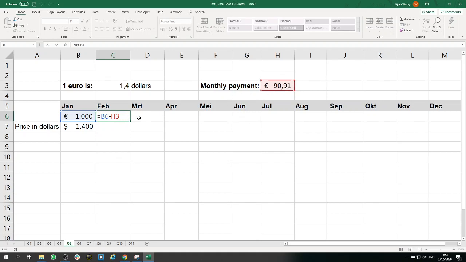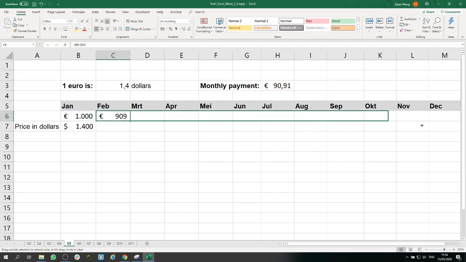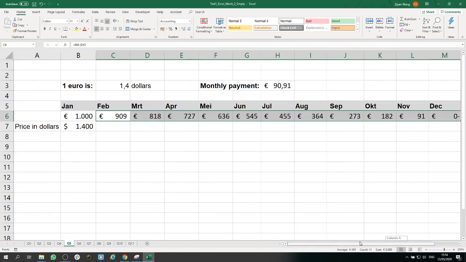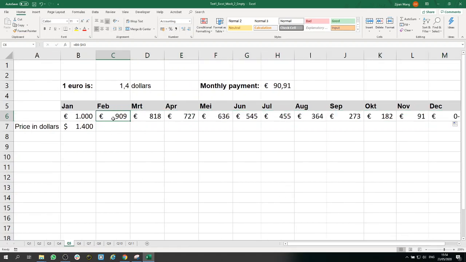And if we are moving only horizontally, then we only need to worry about the column to make sure the column will stay in H. So F4 dollar sign to lock the column, lock the H, and now we're ready to go. Let's test it. Perfect. Just the same as what we see on the screenshots for this question.